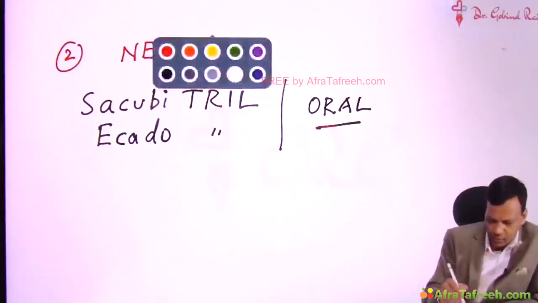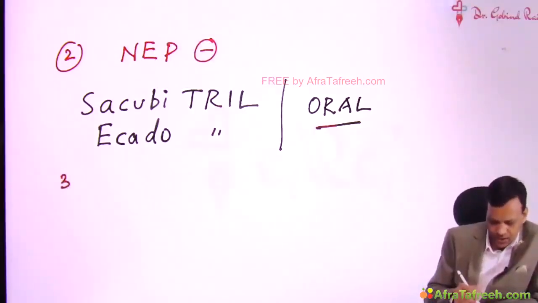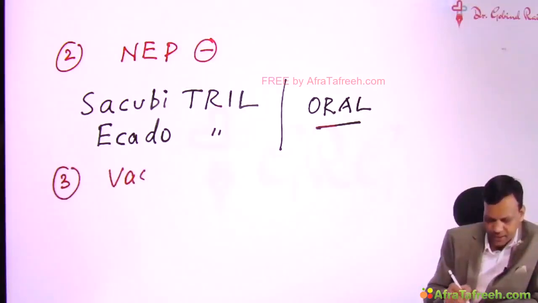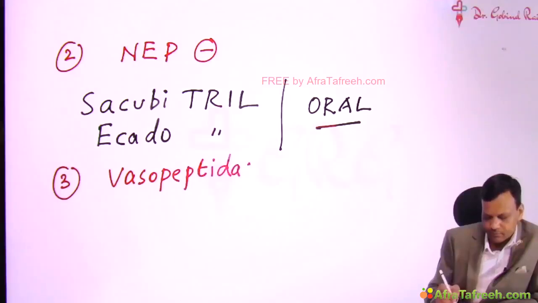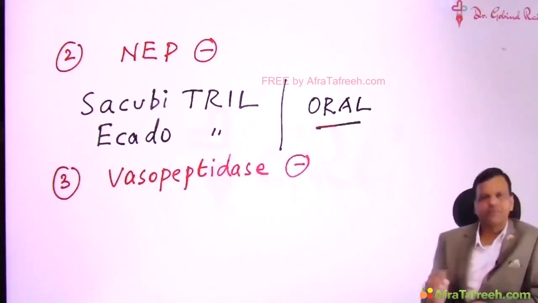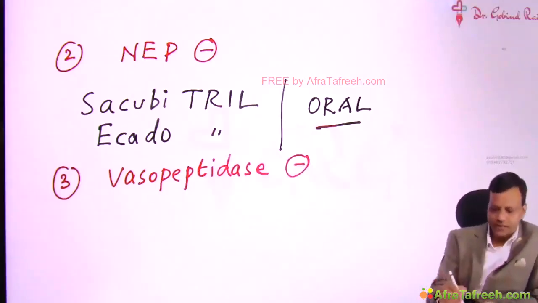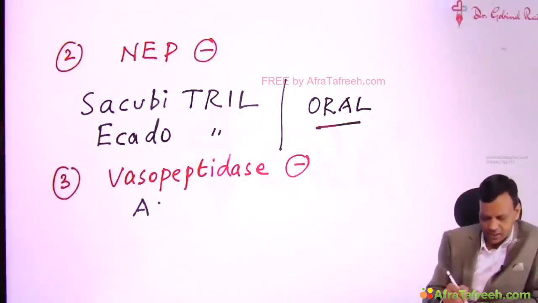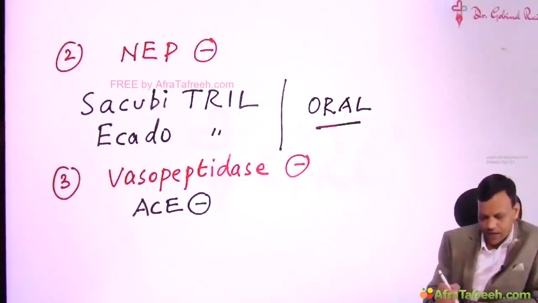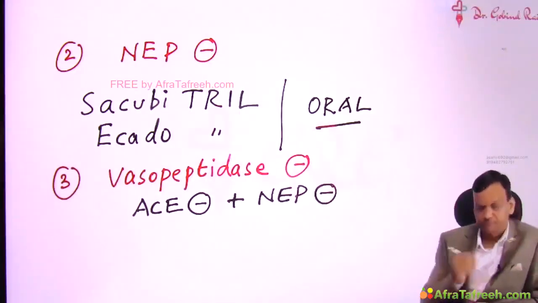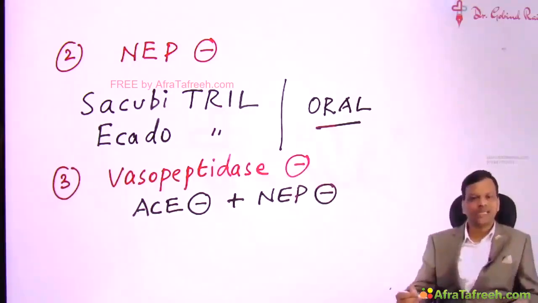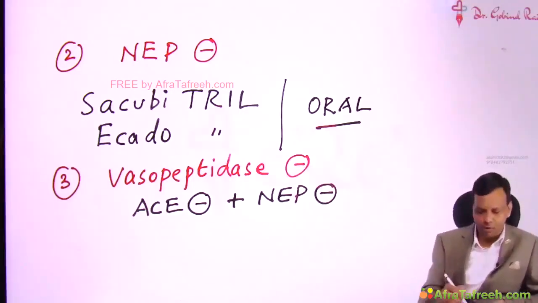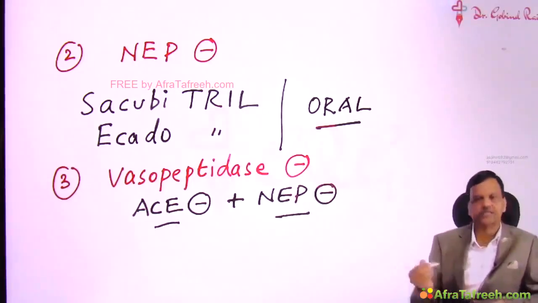Then we developed one more group of drugs which are called vasopeptidase inhibitors. Vasopeptidase inhibitors are those drugs which can inhibit two enzymes: they can inhibit ACE as well as NEP. That means vasopeptidase inhibitors have properties of both prills as well as trills.